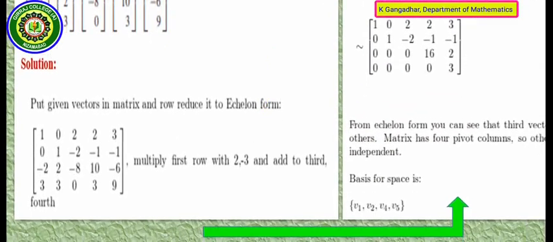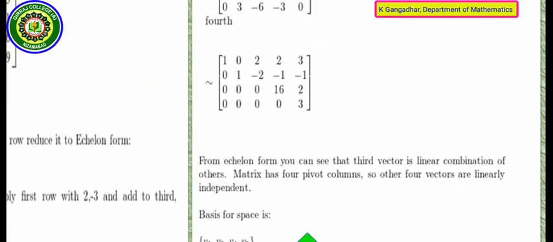So first matrix A is reduced to upper triangular form. In that form we get 1 0 2 2 3, 0 1 -2 -1 -1, 0 0 1 6 2, 0 0 0 0 3.